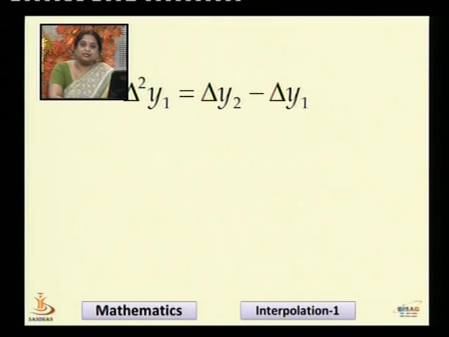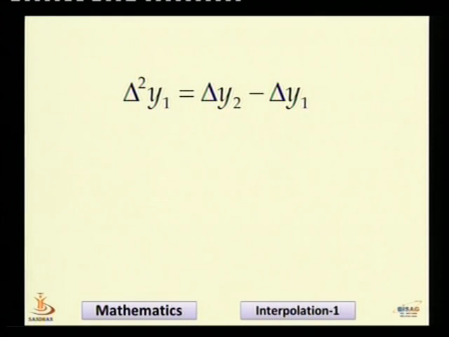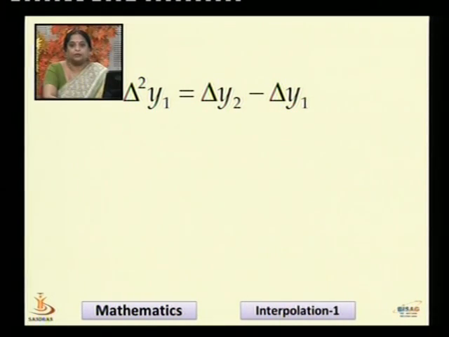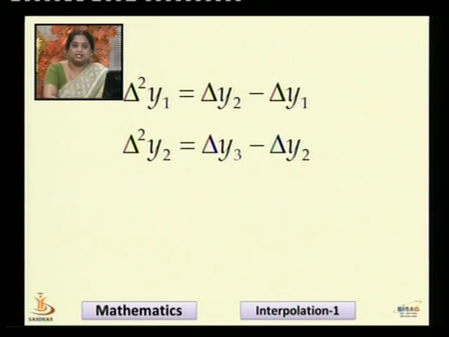Let us represent this in the mathematical form. So delta square y1, that is the second order forward difference at the first tabulated point x1 y1, is given by delta y2 minus delta y1. Similarly, delta square y2 is given by delta y3 minus delta y2.